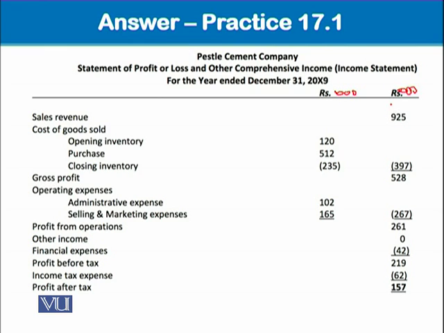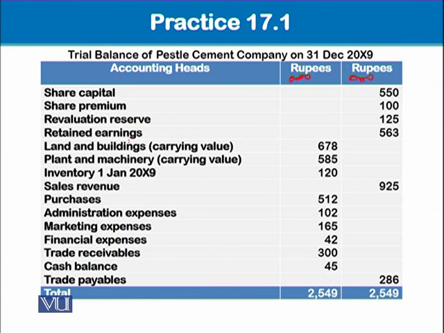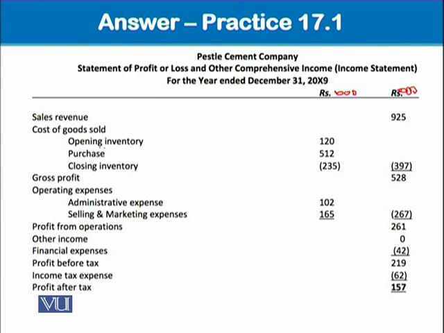What we see is that in our income statement we have sales. The sales figure we took from this trial balance. Sales revenue is 925. Then comes cost of goods sold.